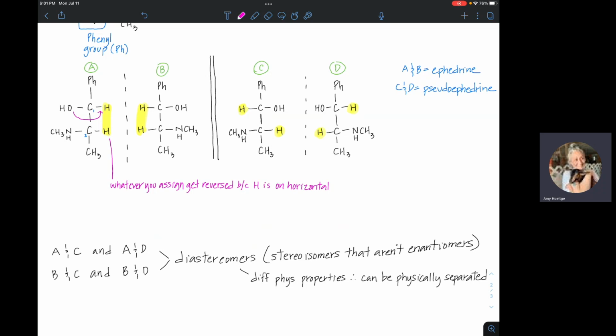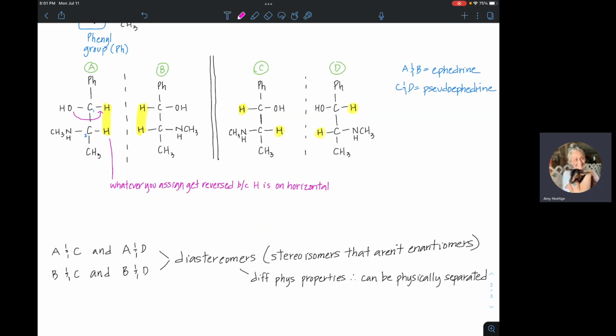We all accept this and say, I have just assigned that carbon number 1 appears to be rotating plane polarized light to the left, but the hydrogen, as I've written it, is on the horizontal. So instead of being left-handed at carbon number 1, it's right-handed. And carbon number 2, if I go out to my top priority group, it's the methylamino group, right?